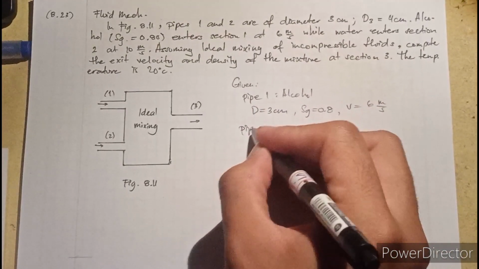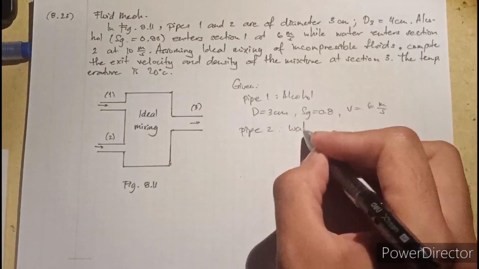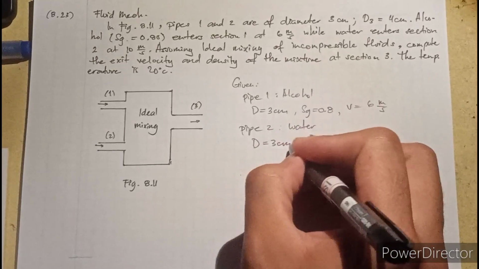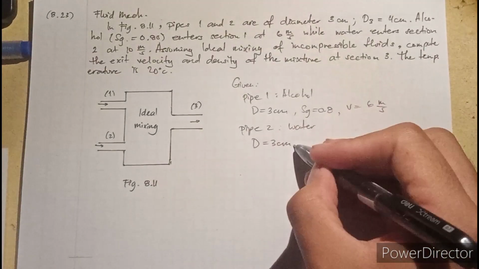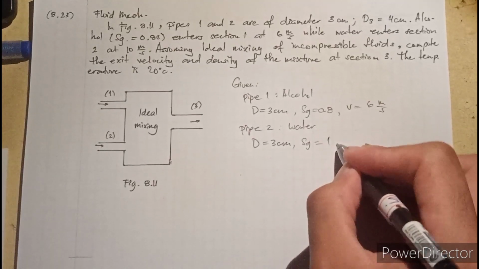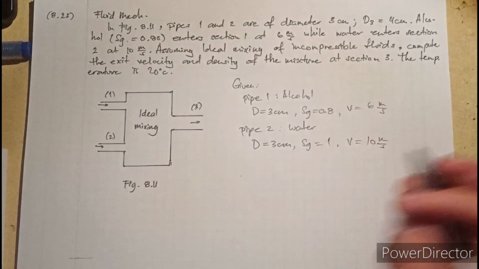In pipe 2, which is stated to be water, the diameter is 3 centimeters and SG is equal to 1. Velocity is 10 meters per second.